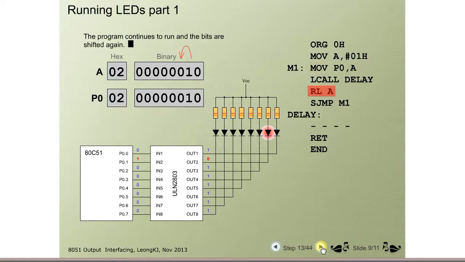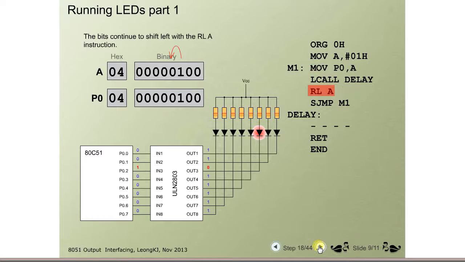The program continues to run, and the bits are shifted again. Content in accumulator becomes 04 hex. The program loops again. Port register is updated. Again, the next LED turns on.